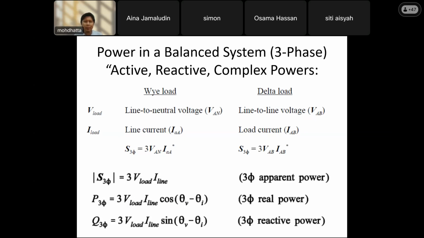Must remember that active power is basically the real part of the complex power. Let's make an analogy like a complex number. The real part of the complex number is the active power, and the imaginary part of the complex number is the magnitude of reactive power.